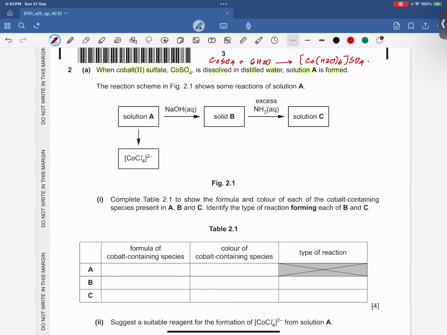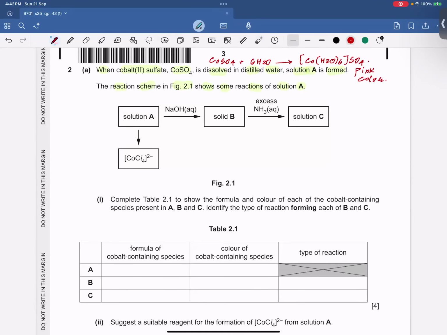And this complex compound has a pink color. The reaction scheme in figure 2.1 shows some reactions of solution A. When solution A is treated with NaOH, obviously solid B is formed.